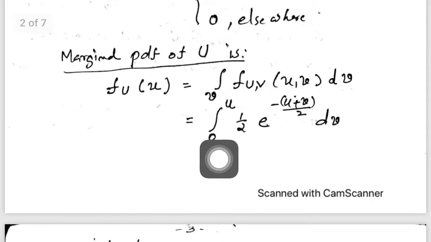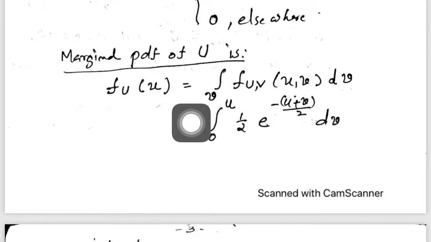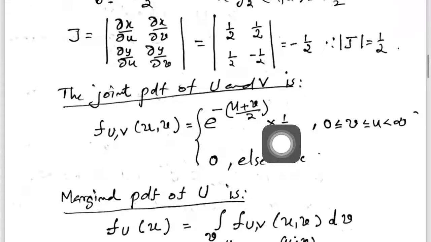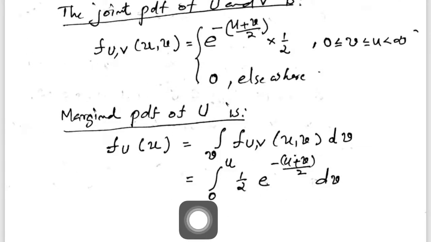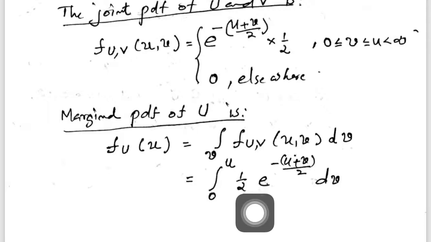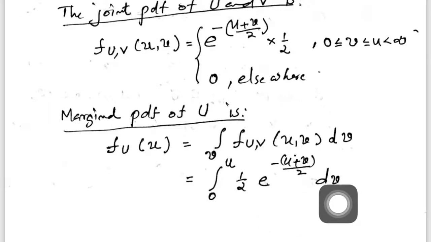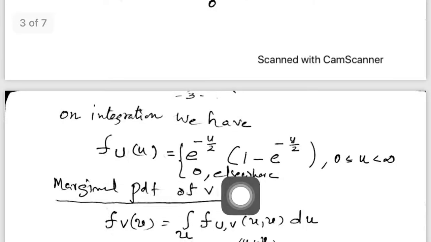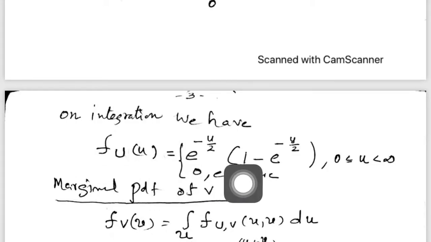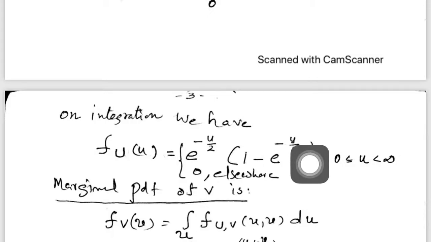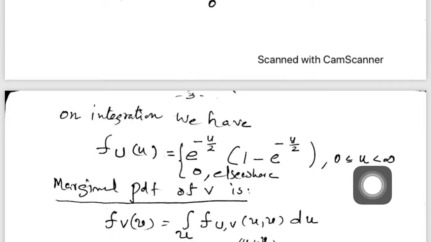And you see what is the range of v? The range of v is from 0 to u because of this restriction. So you integrate from 0 to u, 1/2 e to the power of minus (u+v)/2 dv, and on integration you will see that the result is f_U(u) = e^(-u/2)(1 - e^(-u/2)) for u from 0 to infinity.